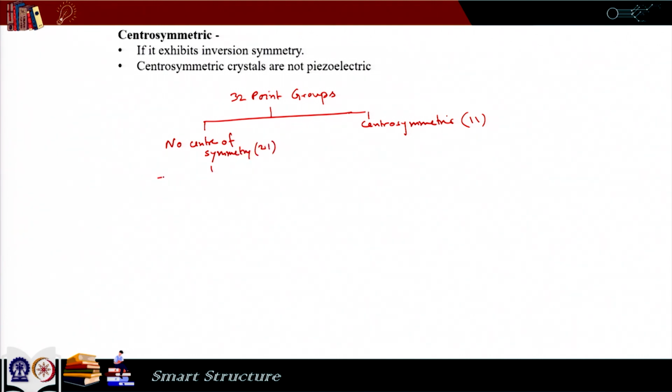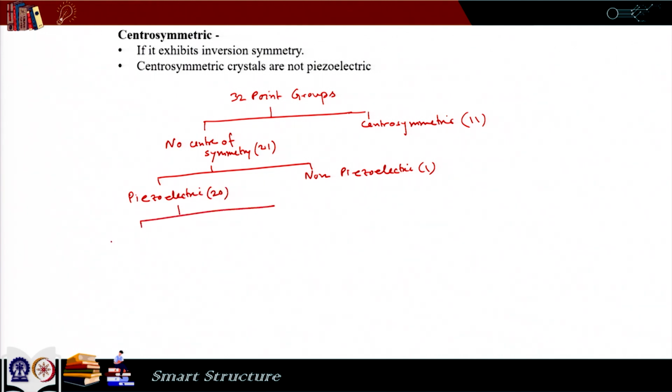Out of those 21, just one is non-piezoelectric, and the rest 20 are piezoelectric. Then out of those 20, 10 are polar, or we can call pyroelectric.